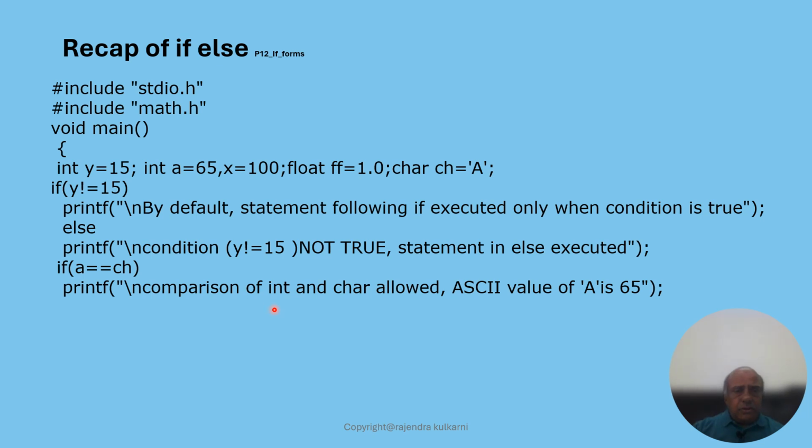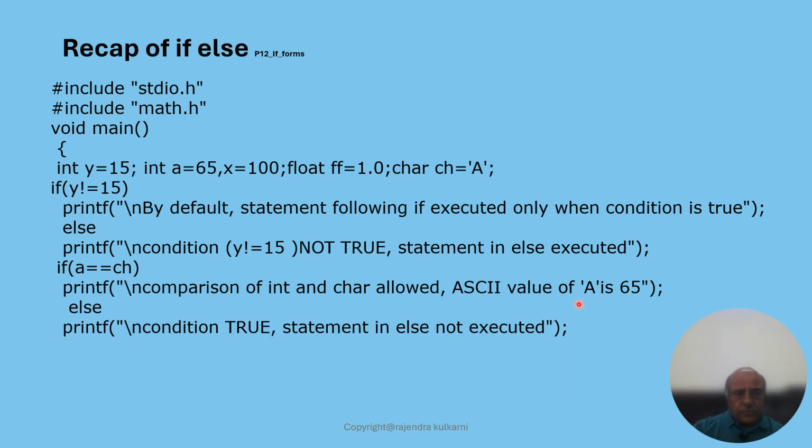Since ASCII value of A is 65, a is equal to ch will evaluate to true, and printf "comparison of int and char allowed, ASCII value of A is 65" will be the output, and in this case else will be ignored naturally.